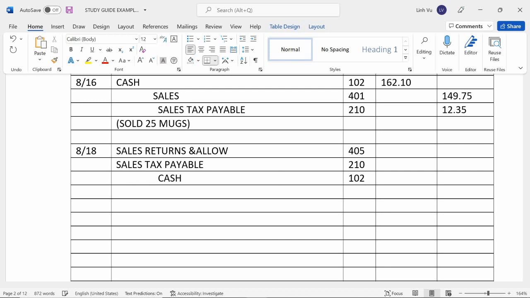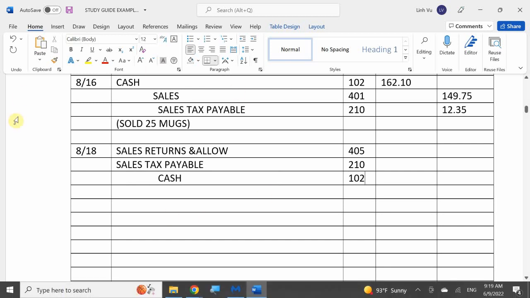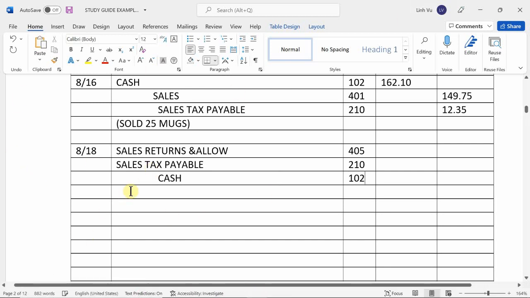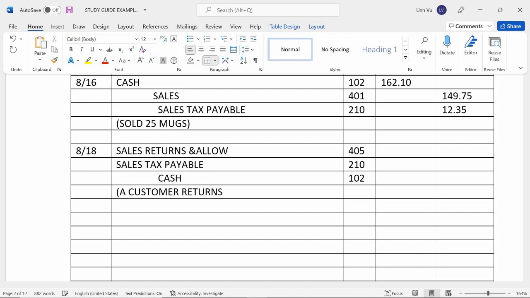Okay. So first we need to figure out, the customer returned 3 coffee mugs. So I'll put this here. A customer returns 3 mugs, full refund.